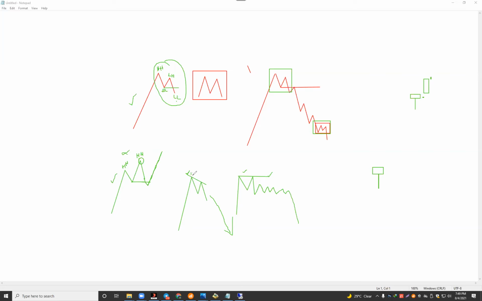When there is a higher high and there is a lower high, so higher high and lower high is a downtrend formation, right? High and similar high is a ranging formation. Sometimes it is possible it can move down, but mostly it will show you the range.